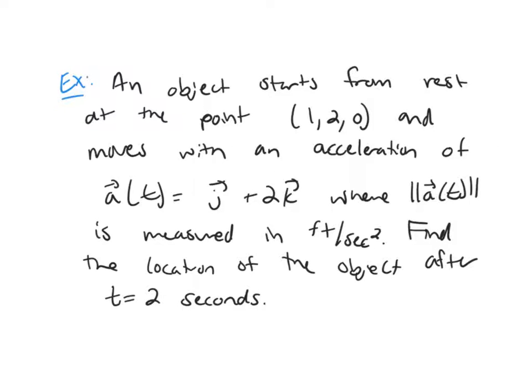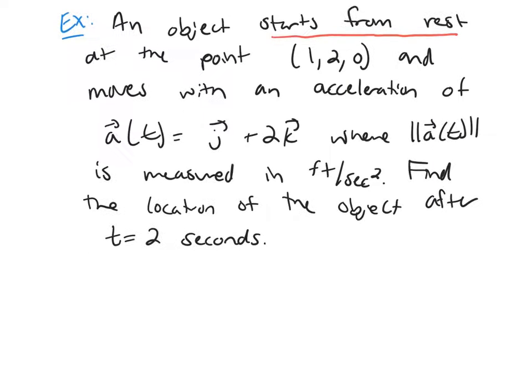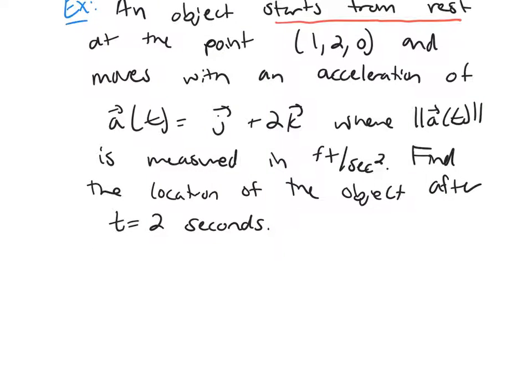So there's a lot to break down here, but one important thing I see is that it tells me the object starts from rest. So because the object starts from rest, I know that the initial velocity is 0.